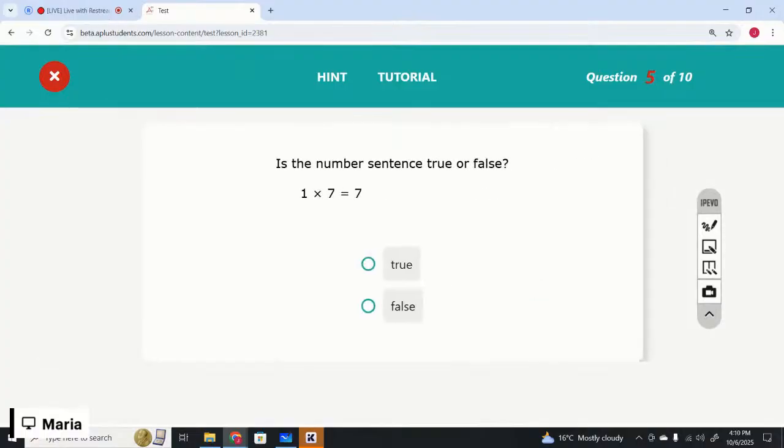Option number 1 is the correct option. True it is. 7 times 1 is 7. That is true.